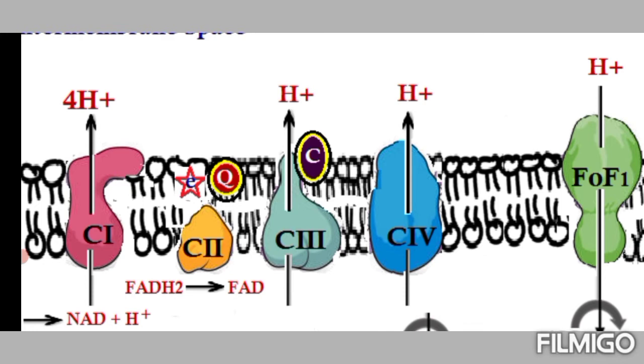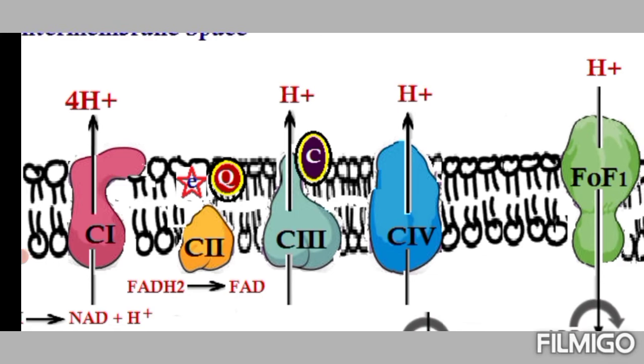Ubiquinone is formerly called coenzyme Q. It's not a protein, but a compound having 6 to 10 isoprene units in it. Generally, mammals have 10 isoprene units, so in mammals it is called Q10. And it is not covalently attached to any protein. It's just a mobile carrier of electrons.